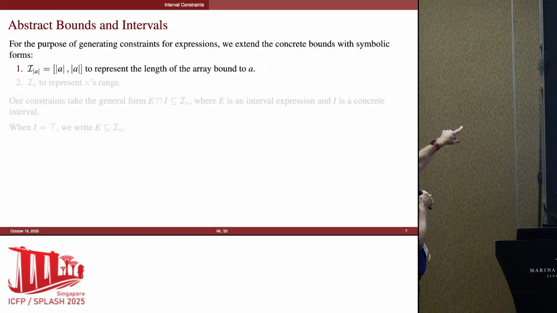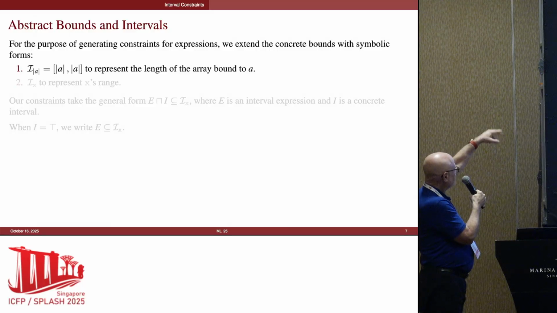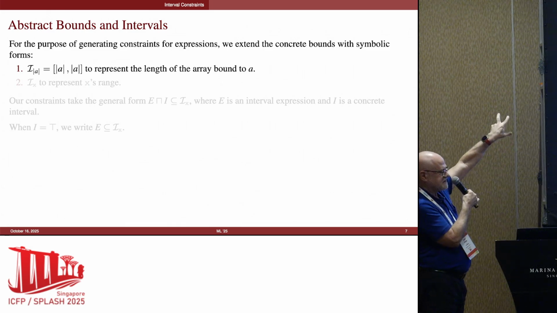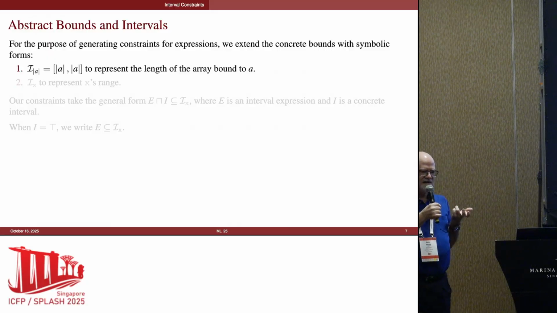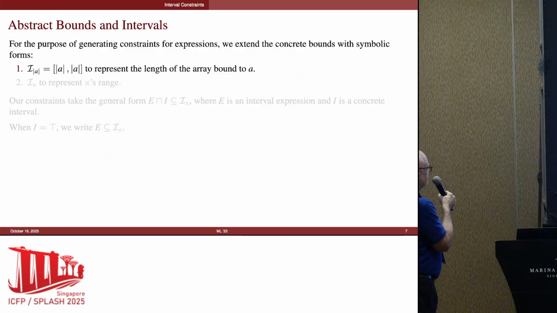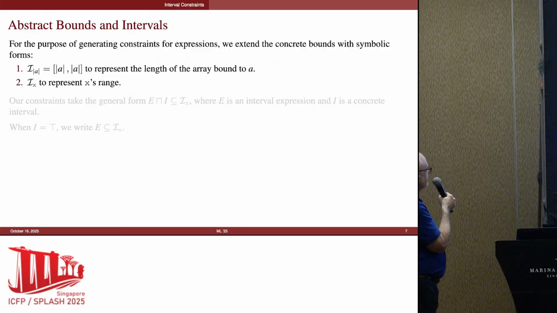So if A is an array, we're going to write I sub, excuse me, absolute value or norm, whatever you want to call that, of A, and that's just the singleton interval which is the length of A. But of course, we don't actually know where that lives in the space of intervals. We just know it happens to have that rough shape. And then also we'll use the notation of I sub x to represent the range of a variable x.